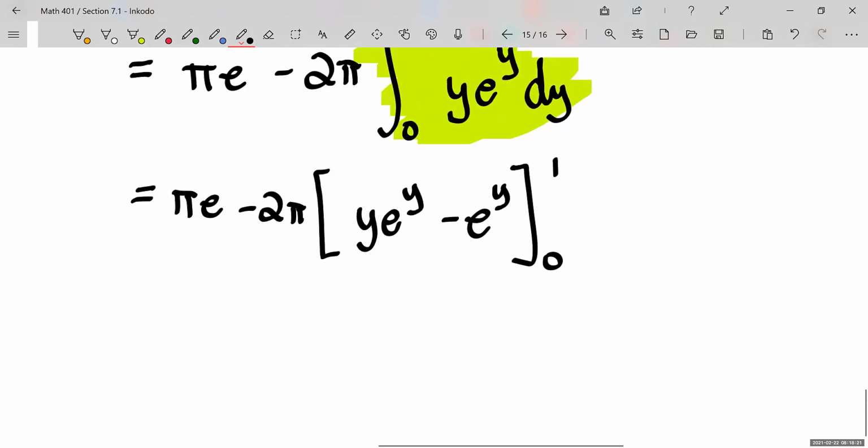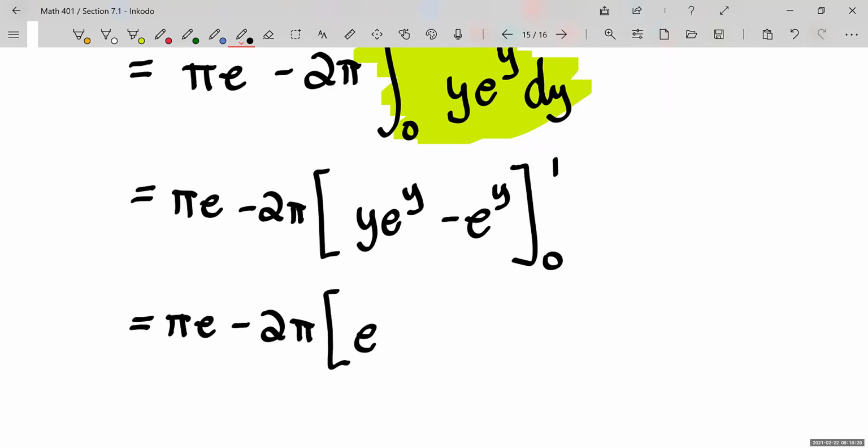And now I can just plug that stuff in. Pi e minus 2 pi. Plugging 1 in, we'll get e to the first minus e to the first. Kind of nice. And then plugging 0 in with minus signs, so you're going to flip all the signs here. You have minus 0 and then plus e to the 0th.